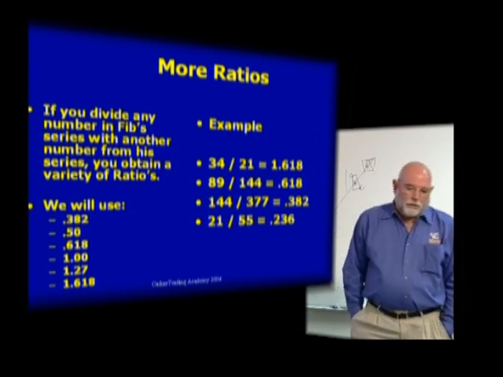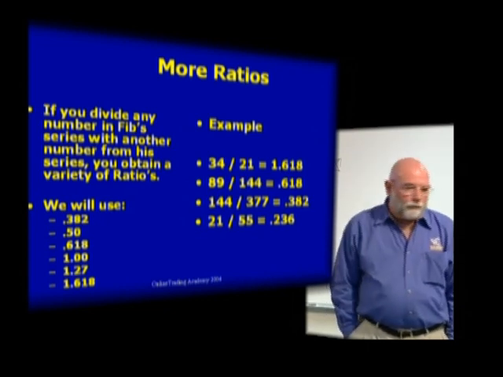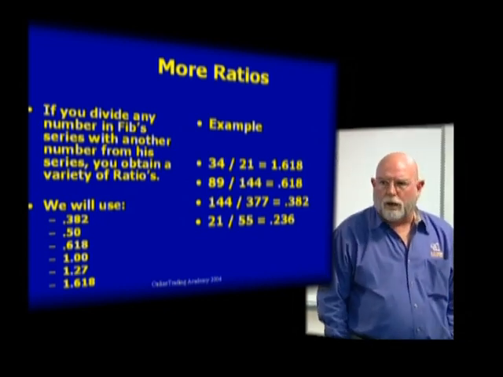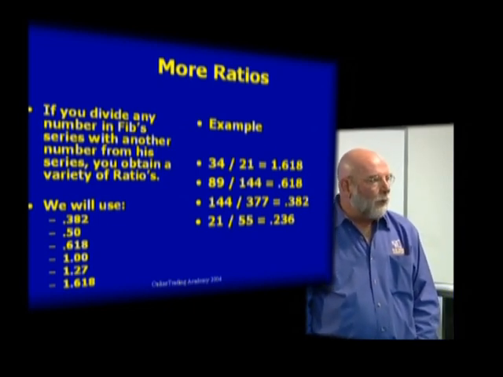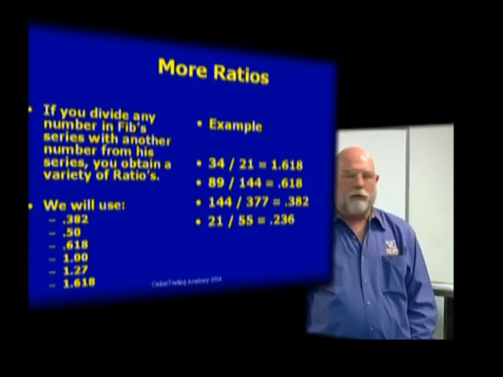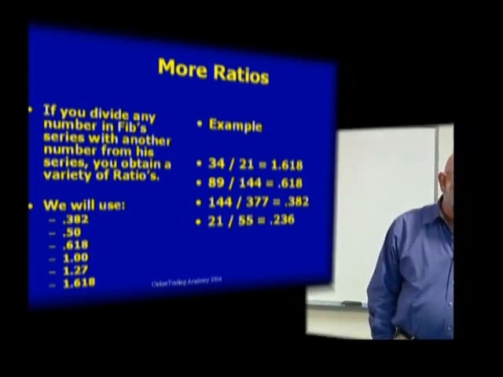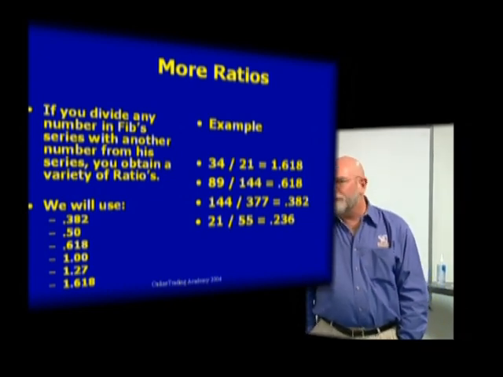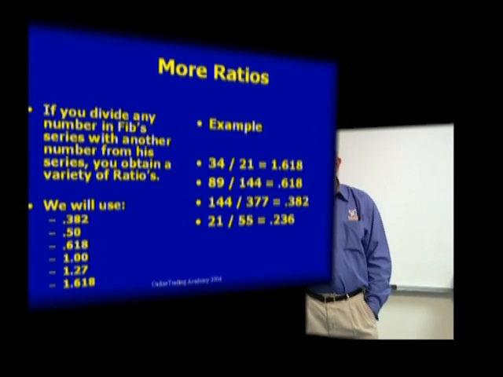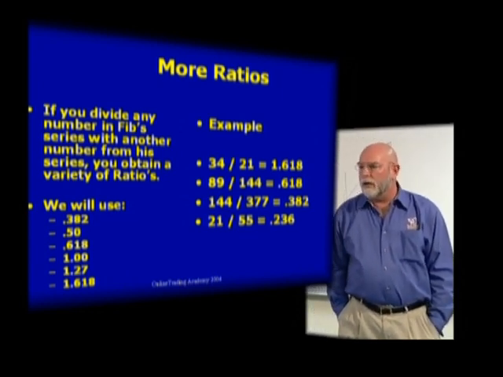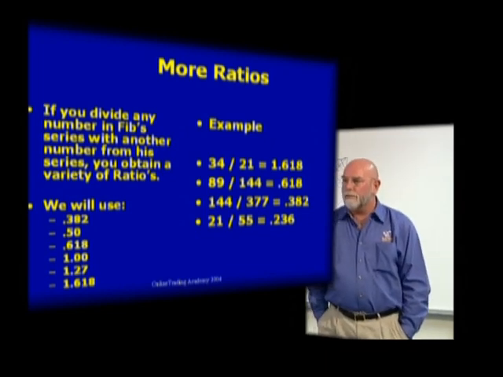The ones I just read to you on the left, the ones we'll use, turn up all the time as support and resistance levels, as turning points in price, as a run and then a retracement, as a run and a continuation, which we call a projection or an extension. And by knowing this, it gives us a logical entry, a logical exit, and a logical goal.